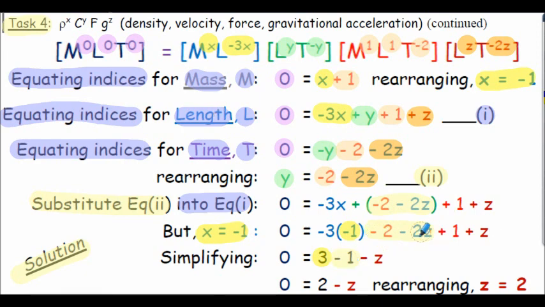And negative 2z added positive 1z is negative 1z, or negative z, as shown here. So that allows us to solve for z, and adding z to both sides of the equation, we can clearly see that z is equal to 2.